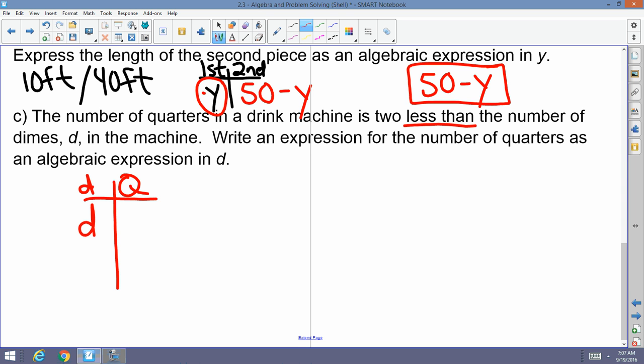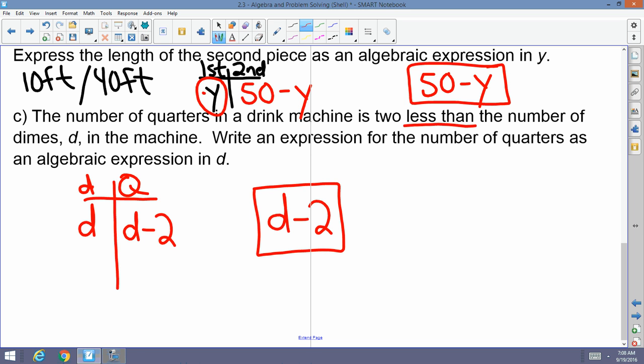Remember that less than means switch. So it's 2 less than the number of dimes. So since it's 2 less than the number of dimes, it is D minus 2. So the expression for the number of quarters as an algebraic expression in D would be D minus 2. Again, tables, very, very important.